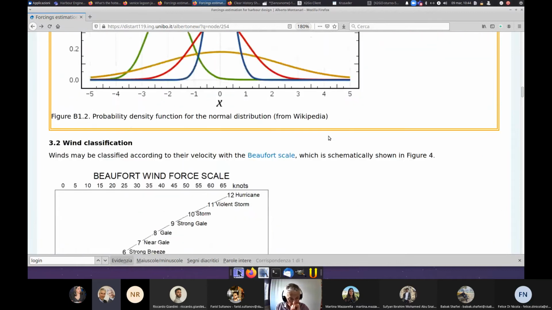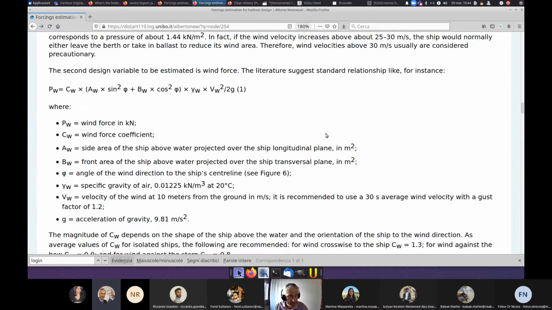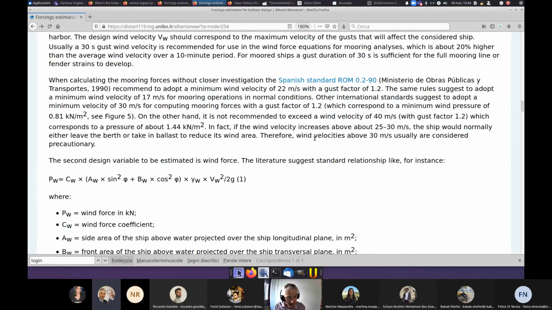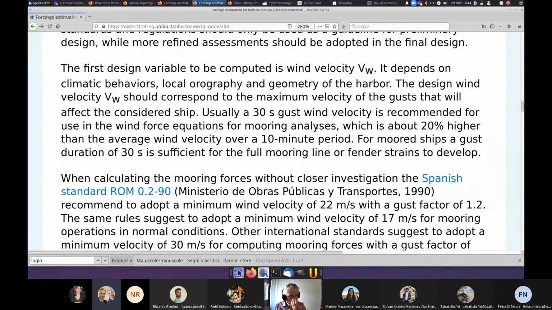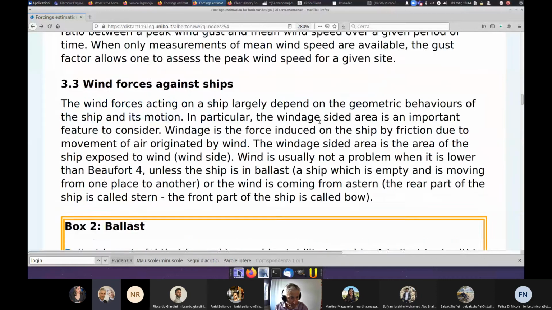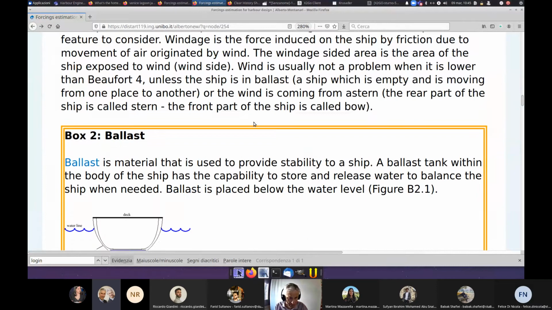Very good. Now let's go to the last thing that we discussed, which is, let me increase the font, the wind forces against the ships. This is what we last discussed.